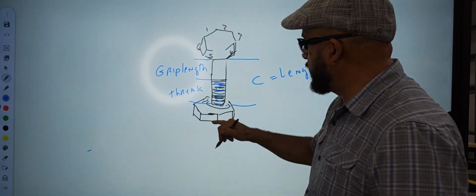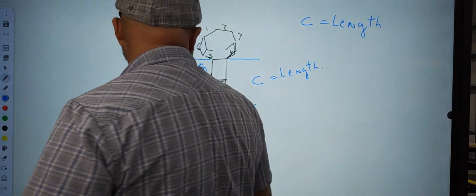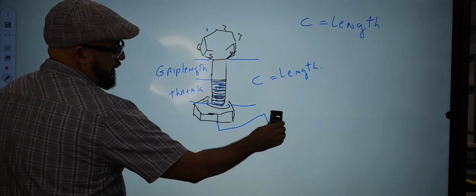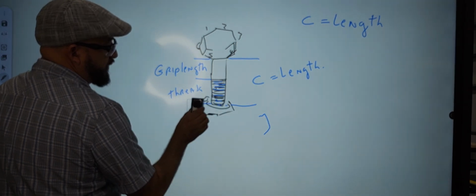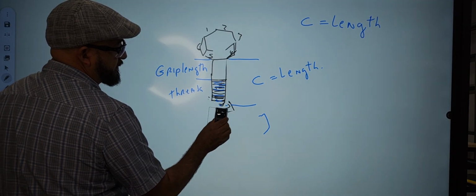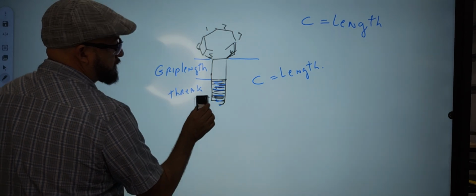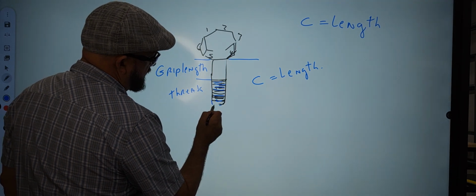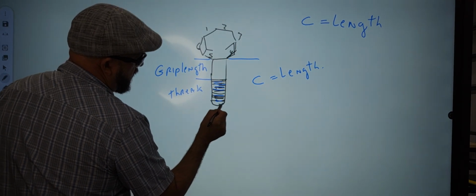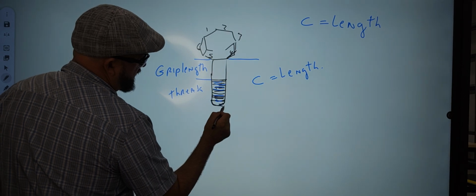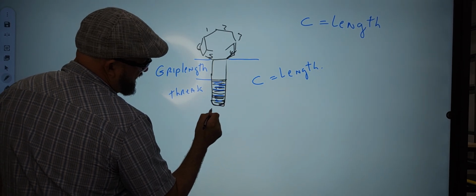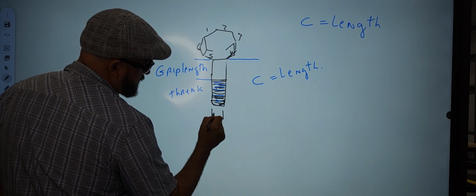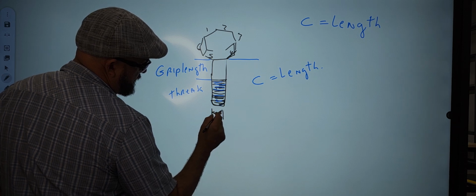There's also something very important, which is this area right here. I'm just going to take the nut off so that it's easier for you to see. If we didn't have the nut, and just had the bolt here, usually bolts are like this. They're not perfectly square, but they have a little bit like that. This distance between here and here, that's the diameter.